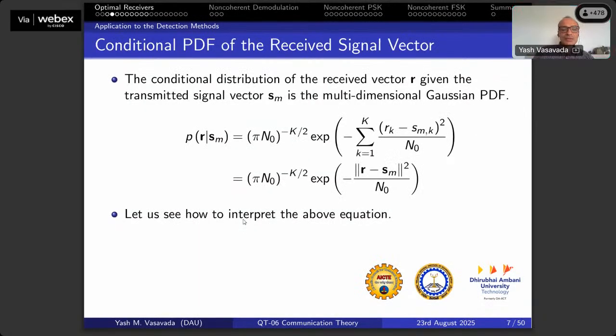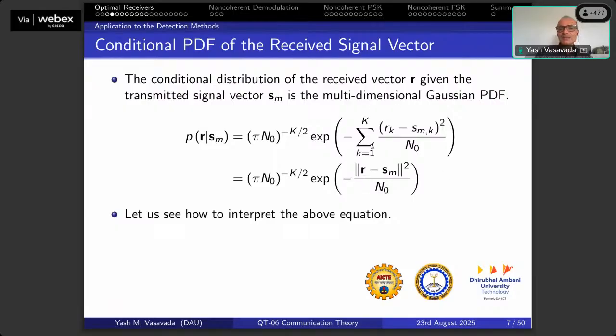We saw this for the single-dimensional BPSK case, which generalizes to the multi-dimensional case, that the conditional probability of R given a particular transmitted signal in case of Gaussian noise is given by this multi-dimensional Gaussian PDF.